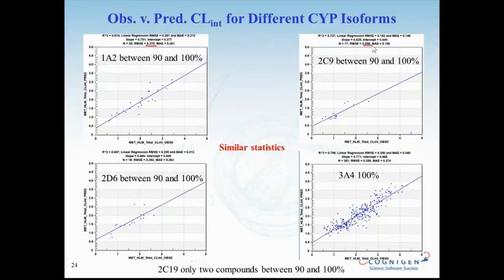For compounds predicted to be mostly metabolized by 2C9, you get a little bit better root mean square error of about 0.258, and similarly for 2D6. So all these had similar statistics. So we feel that you can predict HLM clearance, even though it might not be the major clearance pathway.